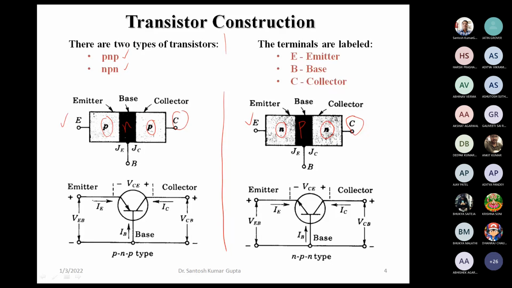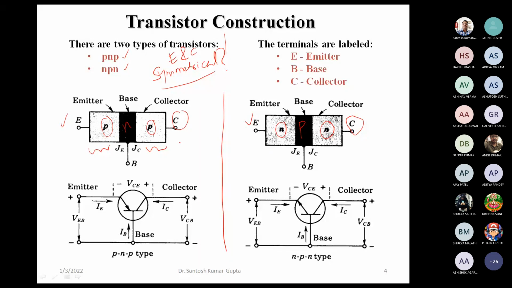Here in these figures, one can see that the emitter and collector seem to be symmetrical in nature, but it is not symmetrical. If we look from the inside of the transistor, then emitter and collector are not symmetrical.